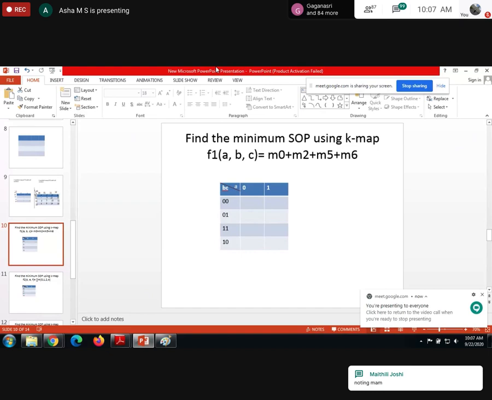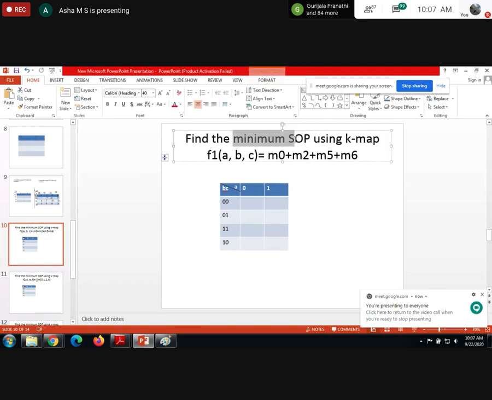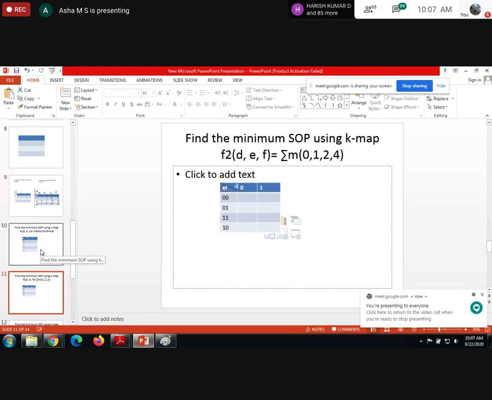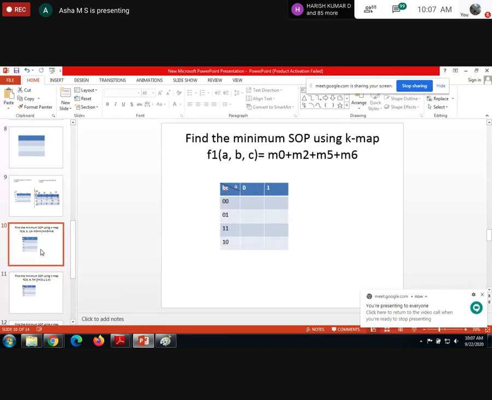Take down this question. Find the minimum sum of product. SOP means sum of product using K-map.